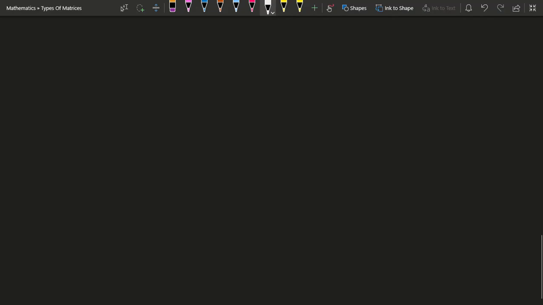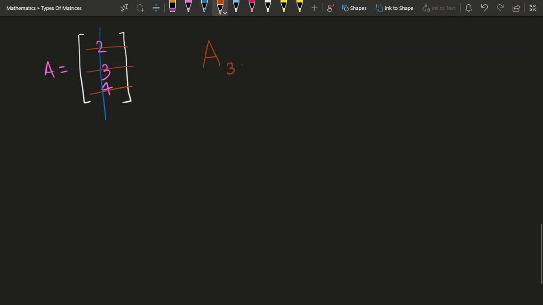So let's say you have a matrix that has only one column. Let's say you have the matrix 2, 3, 4. Let's represent it by A. A is of the order, there are three rows and just one column.